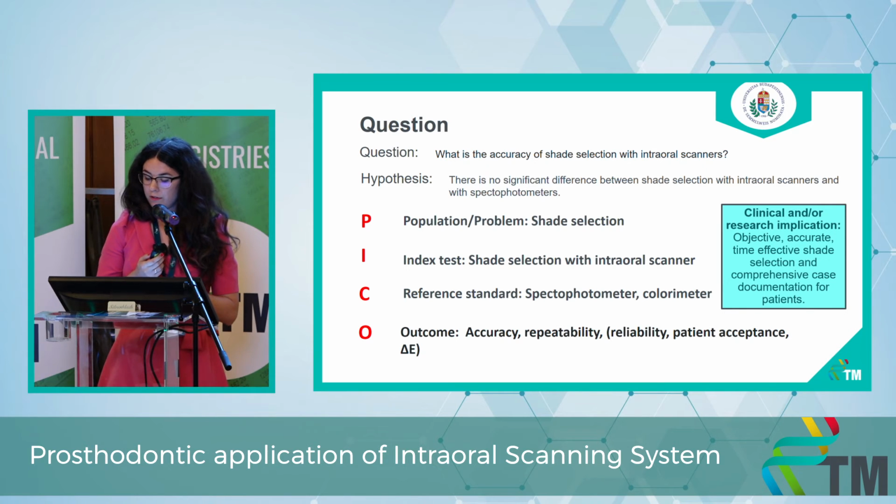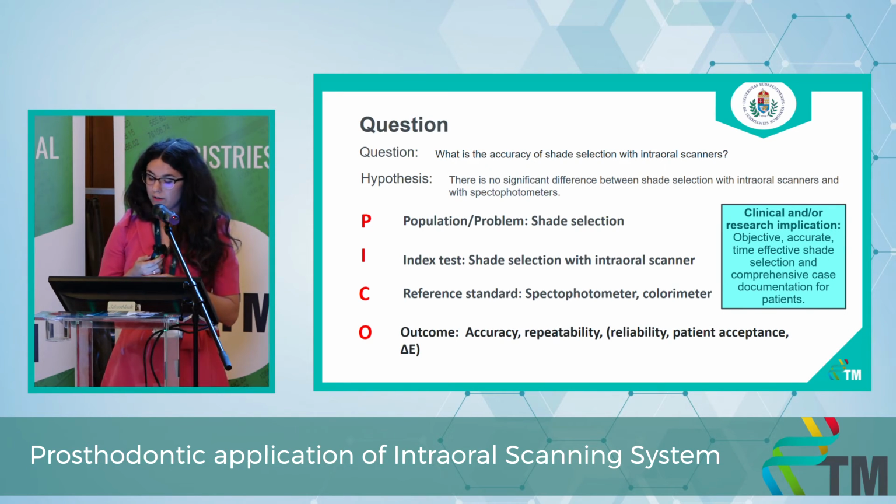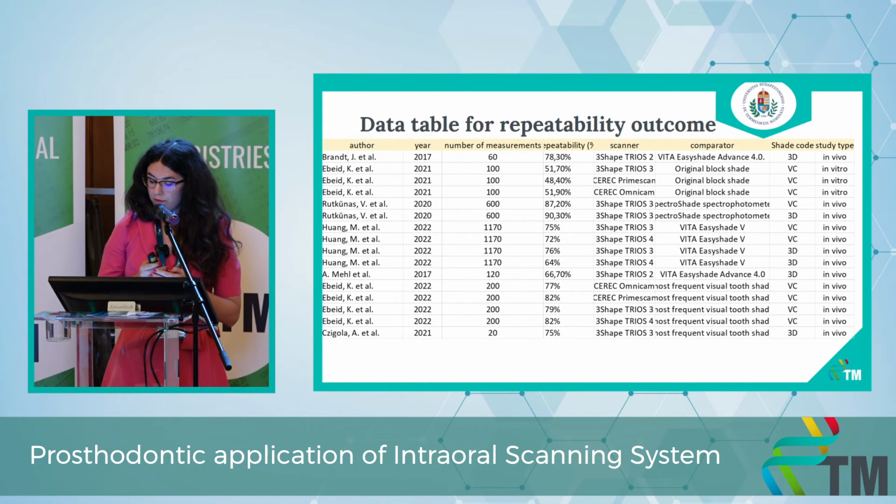And for research implication, if it is true that there is no significant difference, we can say that it can be an objective and accurate method for documentation and for the shade selection for patients.